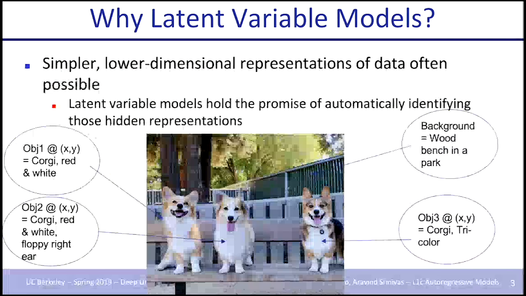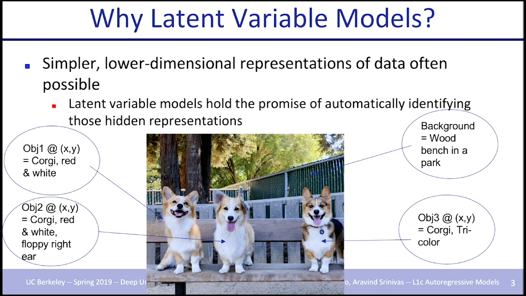So why is this helpful at all? One argument is that if you look at pixel space, this is a pretty high resolution image, probably 800 by 800 by 3. It's a pretty high dimensional space, but really, oftentimes much simpler and lower dimensional representations exist for the data. They don't capture all the details.